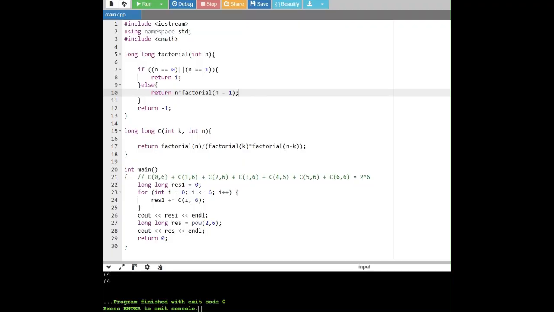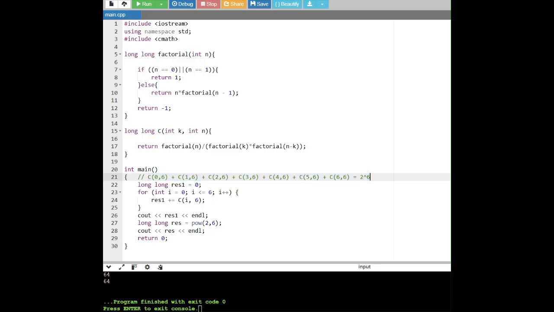So in this slide, I will give a piece of code that implements the theorem we have just discussed. As you can see, whether you calculate the number of subsets by the formula, which is 2 to the power of n, as we do in line 26 here, or you just calculate by summing the number of possible combinations, the result is going to be the same.